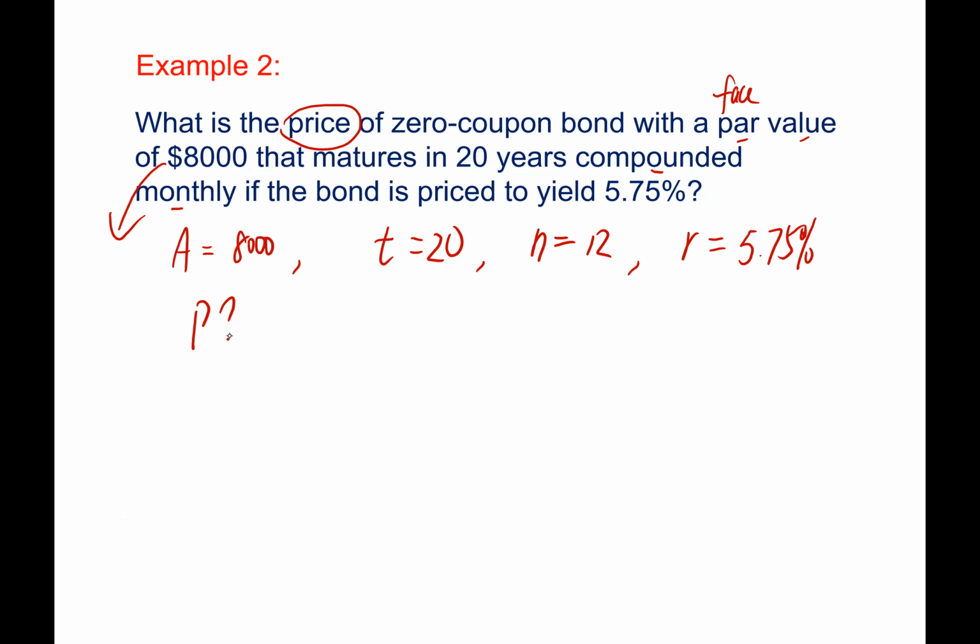And now very similar to the previous example, right? So we write the compound interest formula, P times 1 plus r over n to the nt. And again, we throw in all the numbers here.